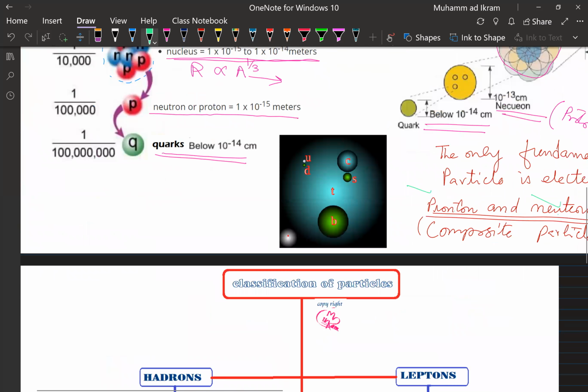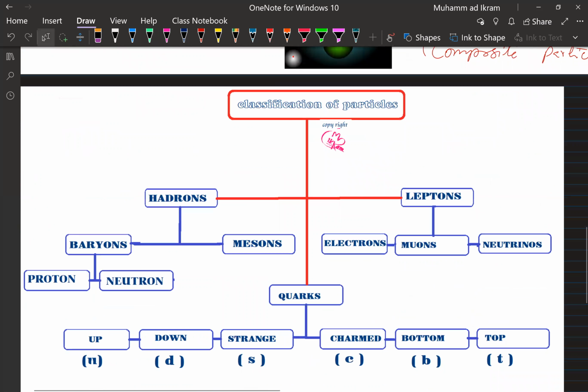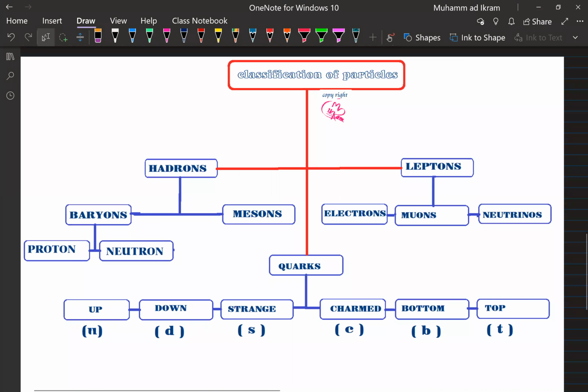So now let's see the classification of the particles. We have the hadrons and we have the leptons. Hadrons are the particles that interact through the strong force.